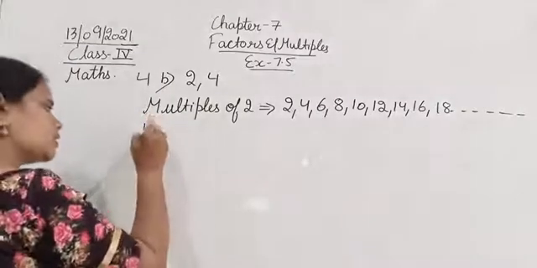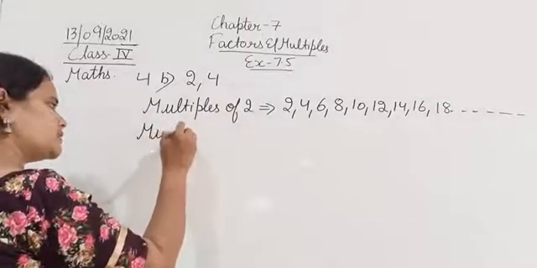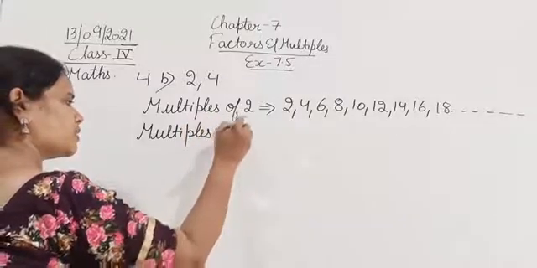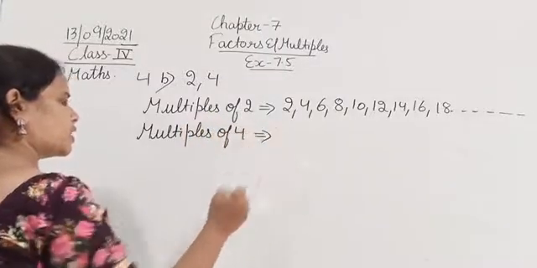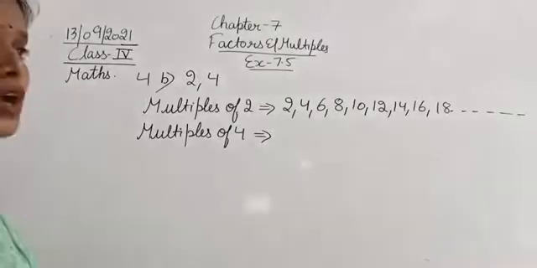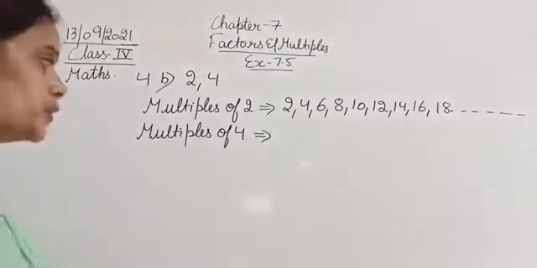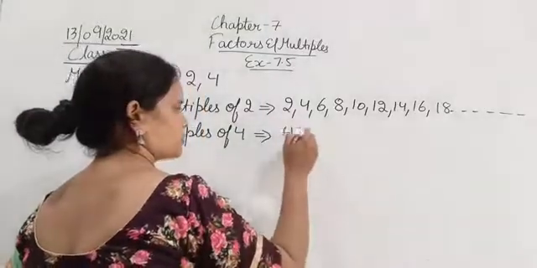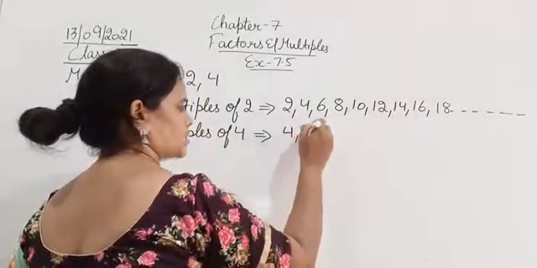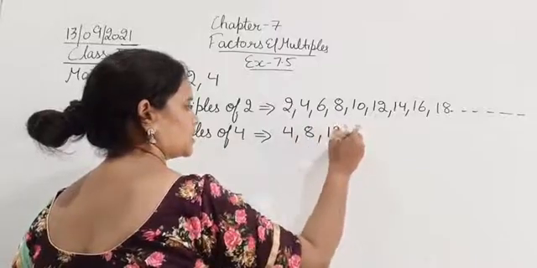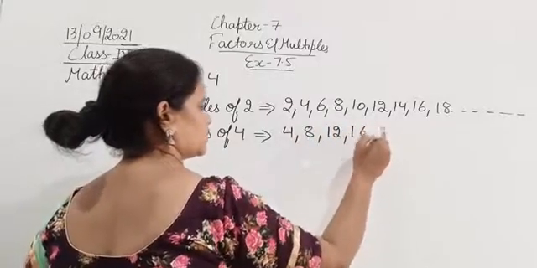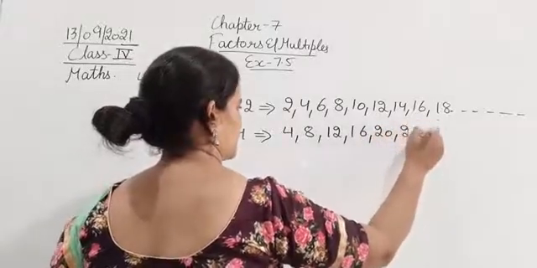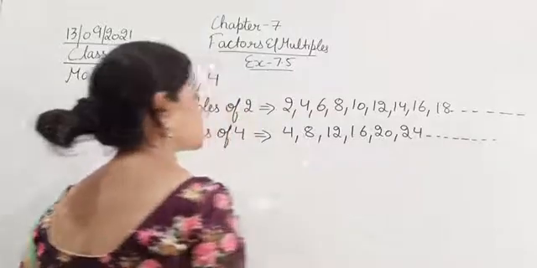Next, multiples of 4. How can you calculate the multiples of 4? The multiples of 4 are 4, 8, 12, 16, 20, 24 and so on.